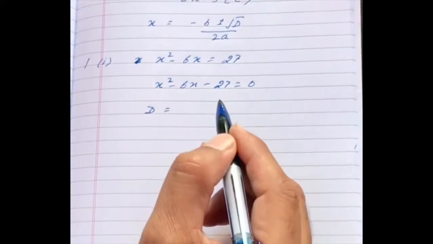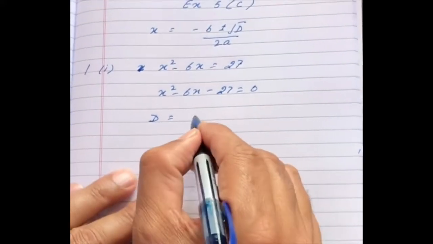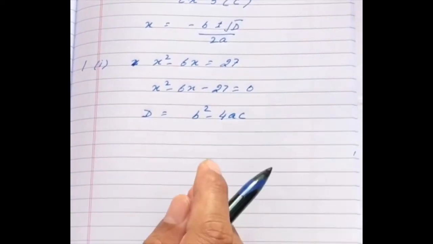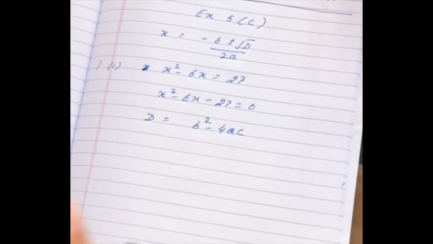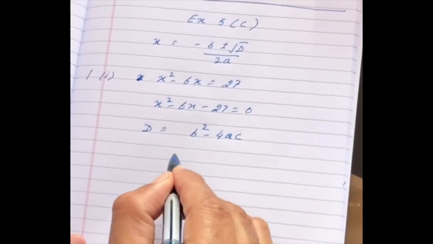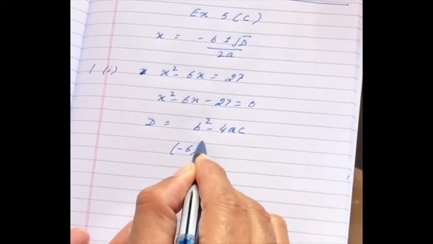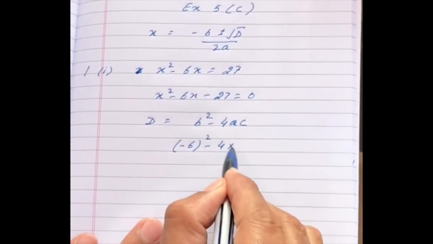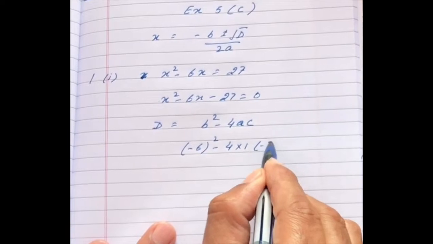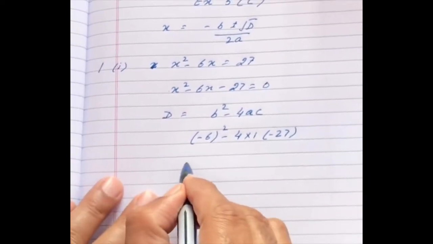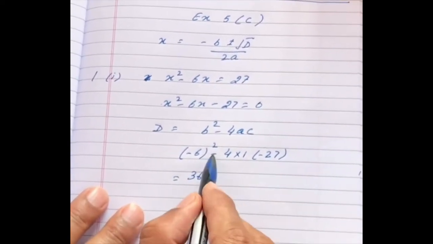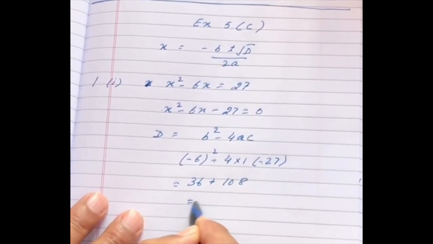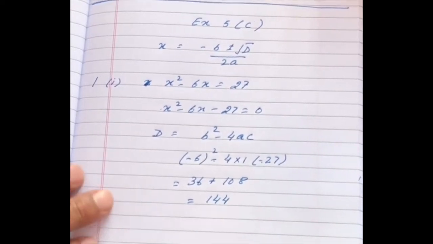D, as you know from earlier classes, is b square minus 4ac. So b is minus 6, a is 1, c is minus 27. So 36 plus 108, which is 144.